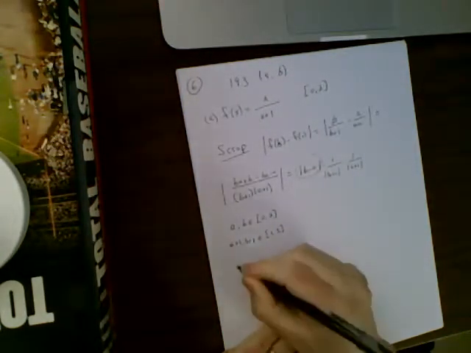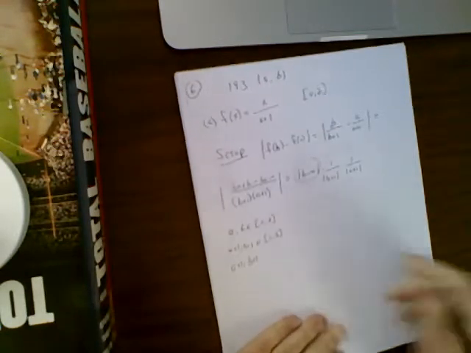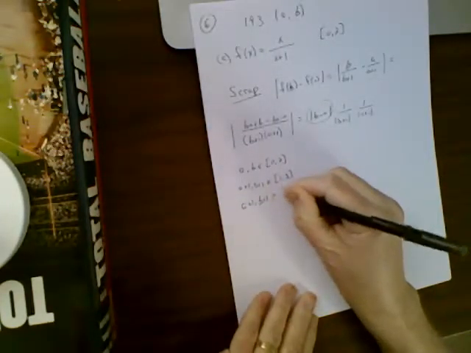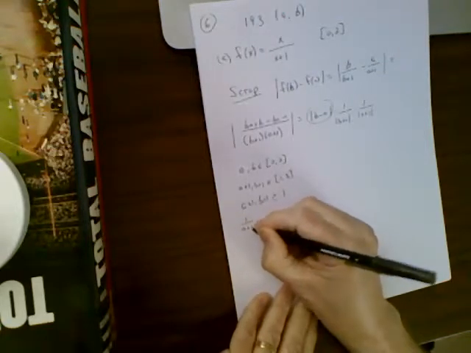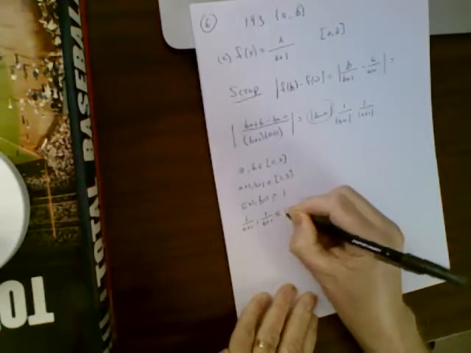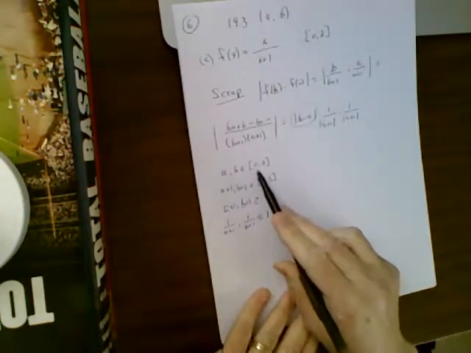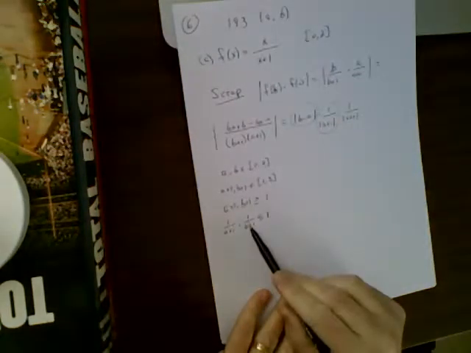So in particular, a plus 1 and b plus 1 are bigger than or equal to 1, which means 1 over a plus 1 and 1 over b plus 1 are both less than or equal to 1. So as long as we're in the interval from 0 to 2, this is less than or equal to 1.